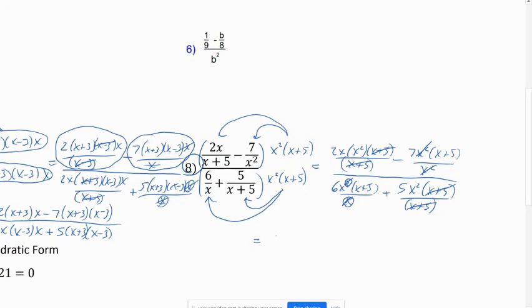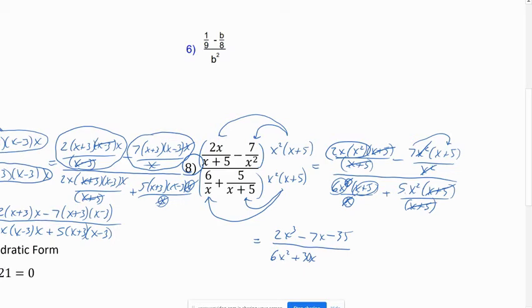So what we're left with then in the top is 2x cubed, that's from this. Here we have this, minus 7x minus 35. And then in the denominator here we have 6x times x plus 5, so that would be 6x squared plus 30x.